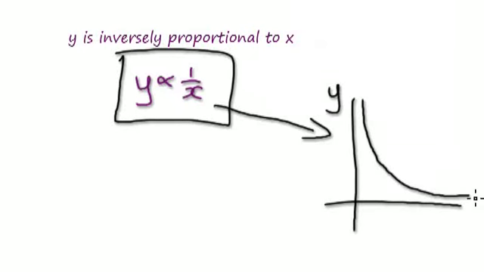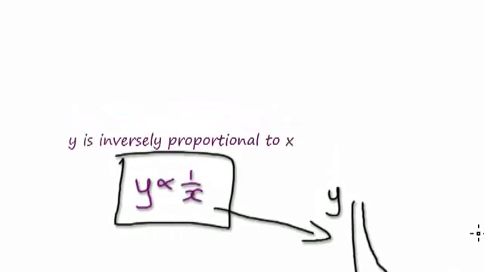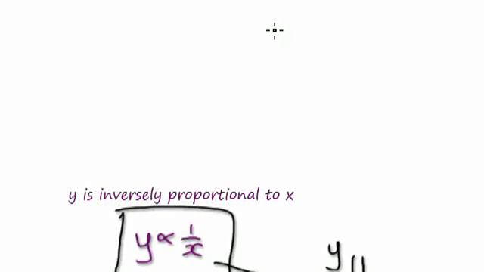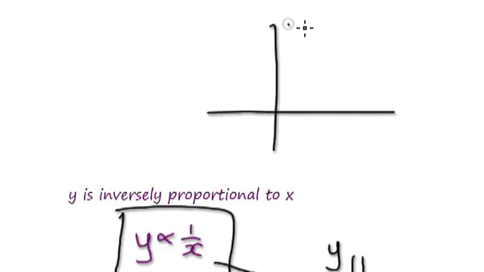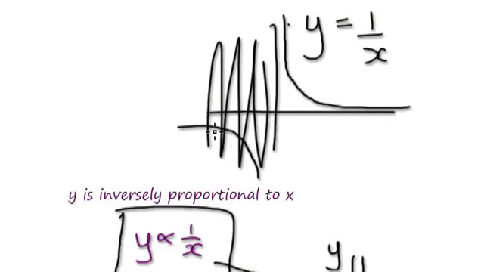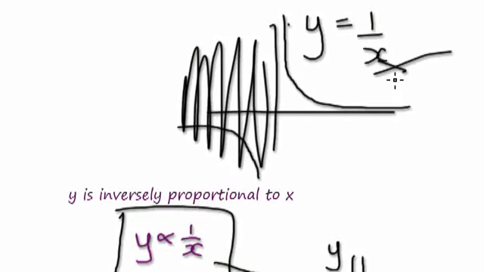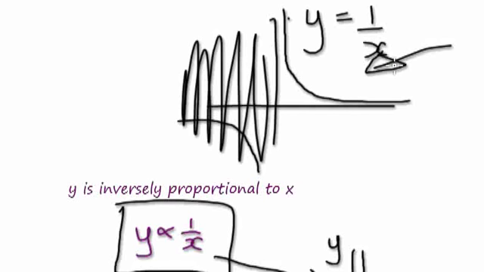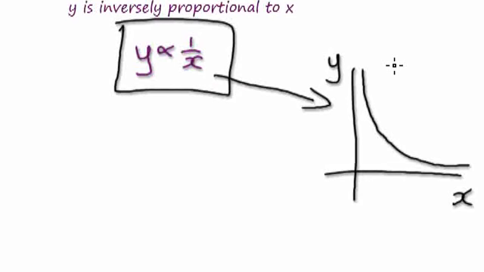Okay, so this is y, this is x here, and I did a section on graphs where if you plot a graph of y equals 1 over x, it looks something like this, and then like this. But we're not concerned about the negative side. So it is in a way like this.